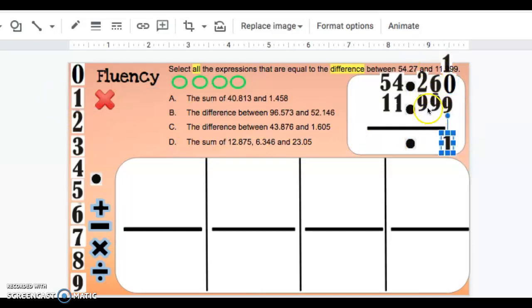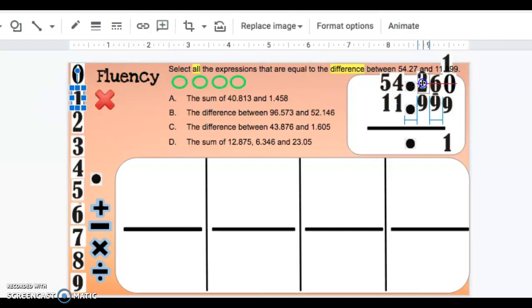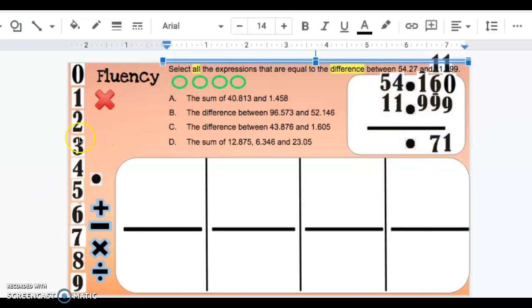6 minus 9 I can't do, so this 2 is going to become a 1. And then the 6 becomes a 16. Now I got 16 minus 9, which is 7. I can't do 1 minus 9, so that 4 becomes a 3.